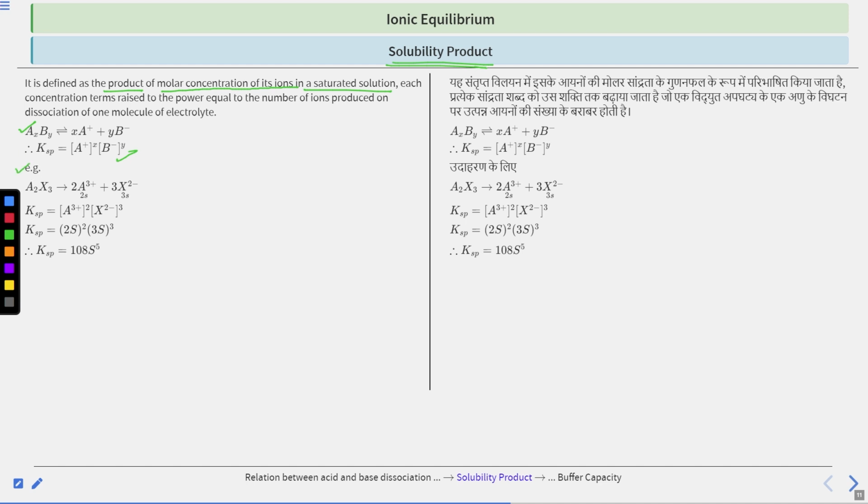Now let's take an example, A2X3. So x is 2 here, y is 3 here. It will dissociate into 2 times A3+ plus 3 times X2-.